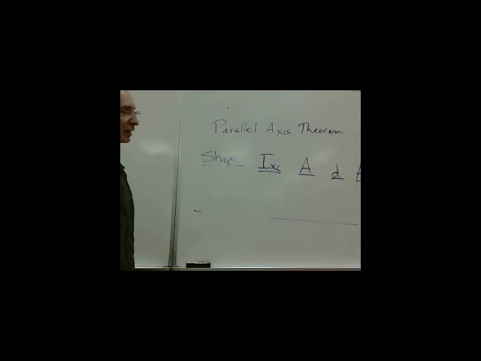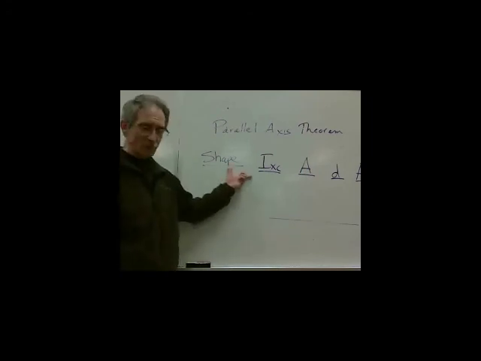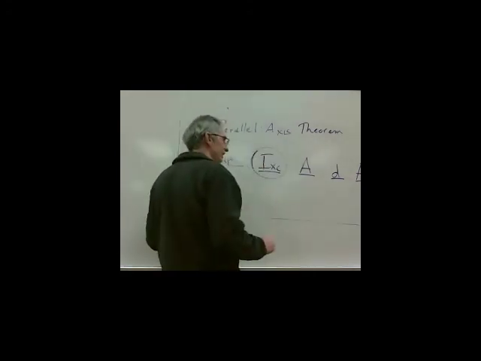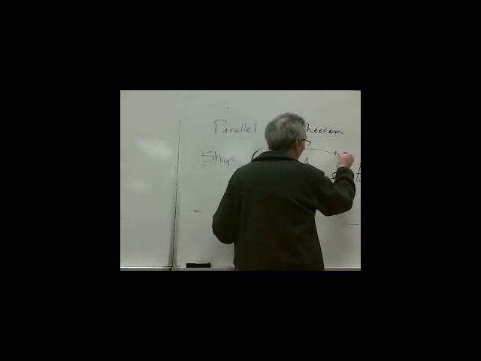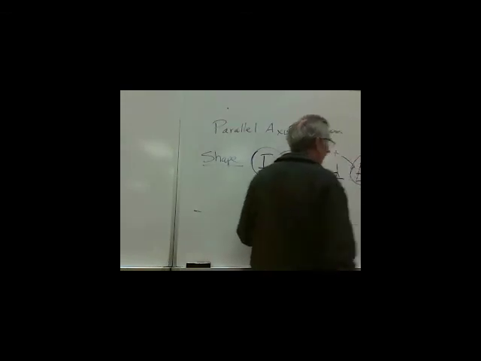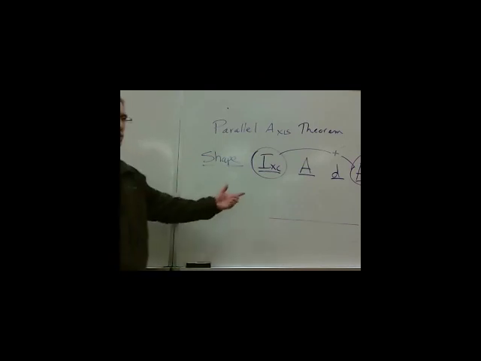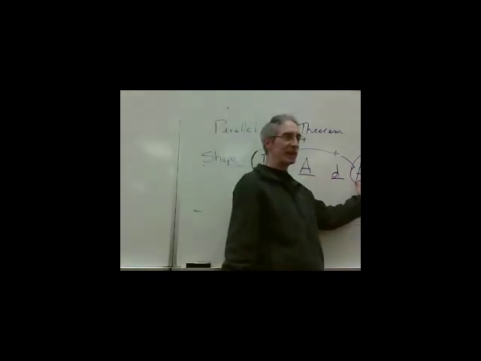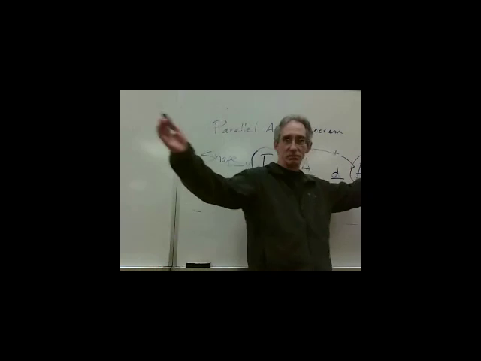All this table is doing is giving me that parallel axis theorem, because I'm going to take whatever is in this column, add it to whatever's in this column, and that's going to give me your final column. So the parallel axis theorem was what? IX, about the axis that you knew, in this case the centroidal axis, plus AD squared is equal to your moment of inertia about your new axis.